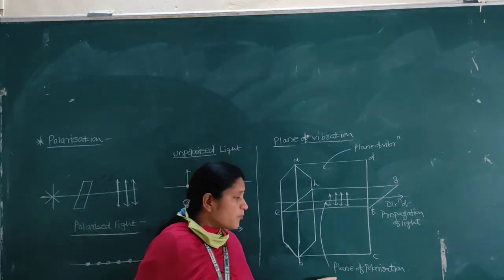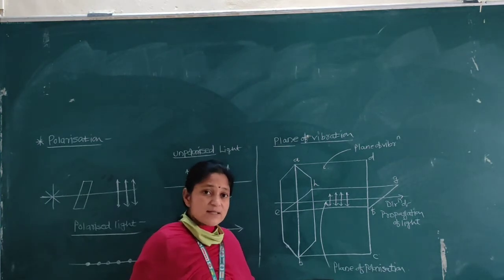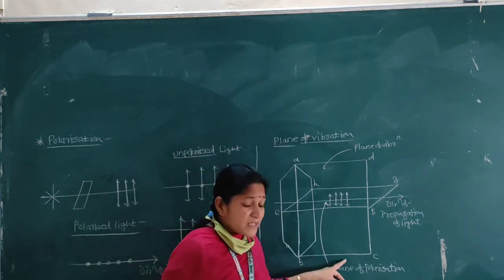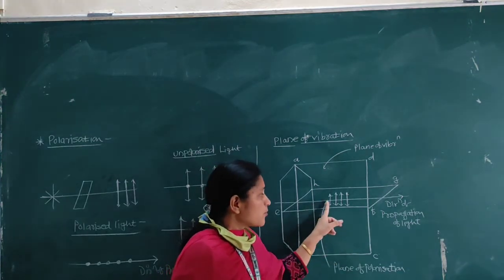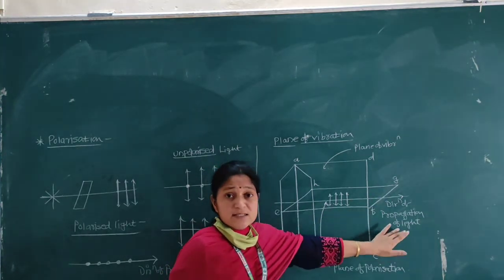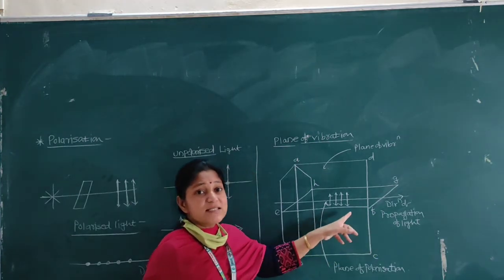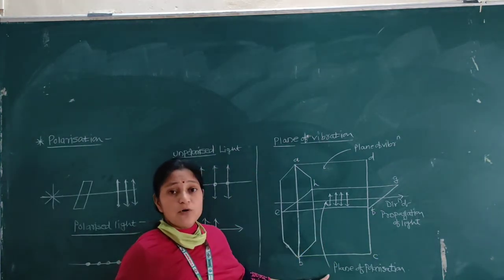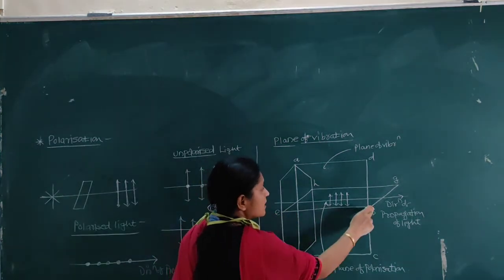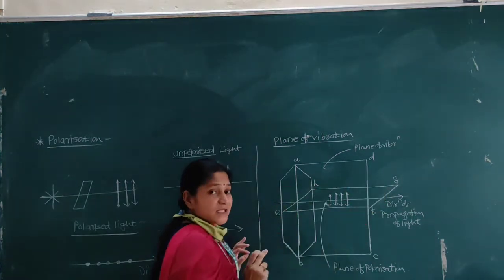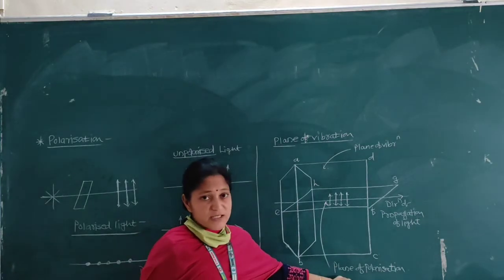Now plane of polarization means what? A very simple definition is that a plane which contains only the direction of propagation of light, with no vibration, is said to be the plane of polarization. So from this figure, the plane E, F, G, H is said to be the plane of polarization.